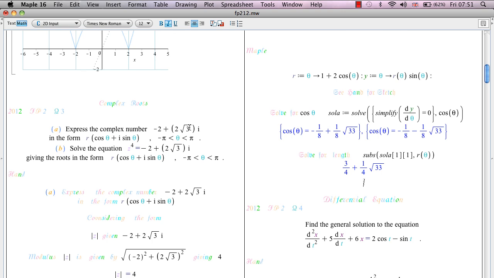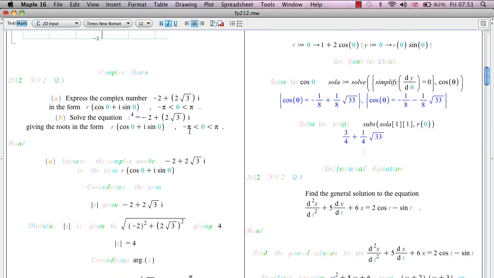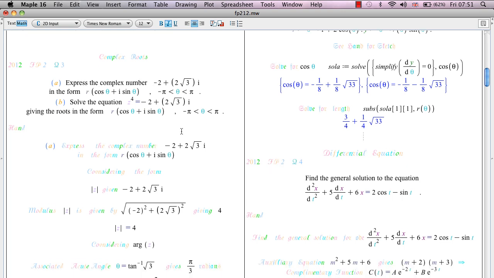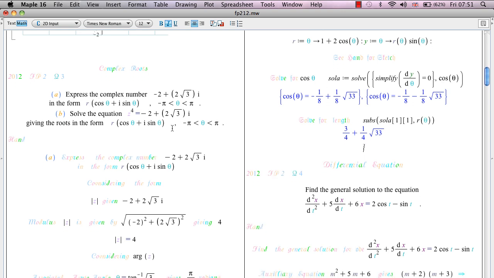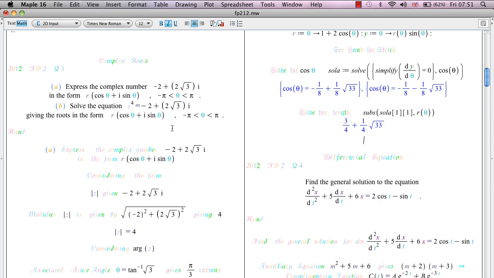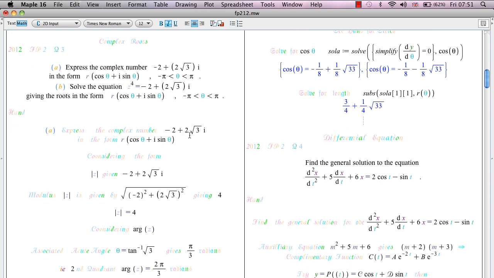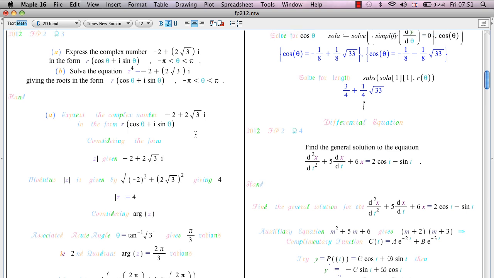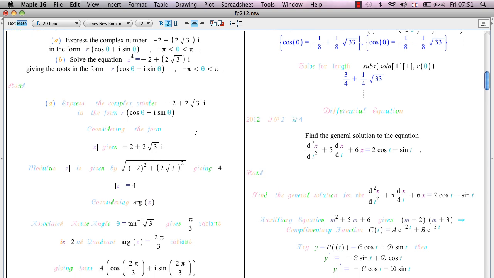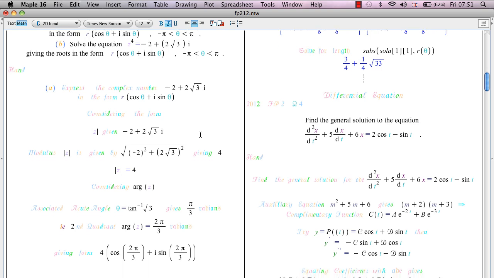Question 3, complex roots: expressing the complex number in the form r cos theta plus i sin theta in A, and expressing the roots of z to the 4 equals the complex number in the form r cos theta plus i sin theta in B. So for part A, to express in this form, evaluating the modulus and the argument, we can write down the form.